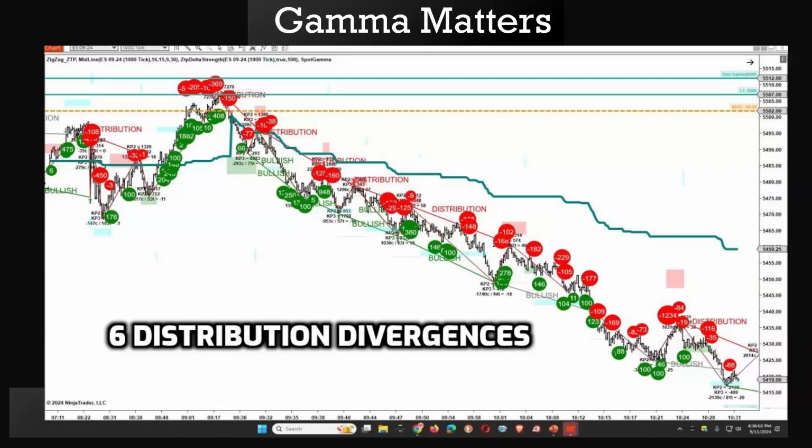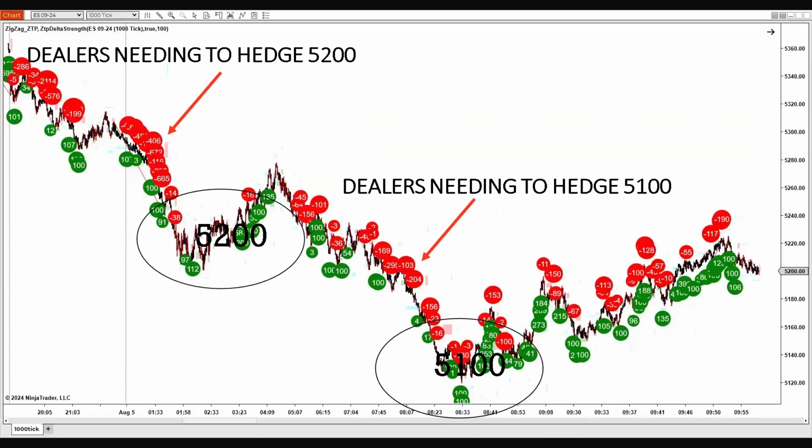And the next thing that's important to understand is why the market reversed like it did yesterday at the 5,400 put wall. Let's look at one more chart before I answer that. This is from Monday, August 5th, which was the start of the sell-off, and again illustrates the concepts perfectly. The ZoneTrader Pro Delta Strength Indicator was picking up large lot trades starting on Sunday night as the sell-off progresses into Monday morning.